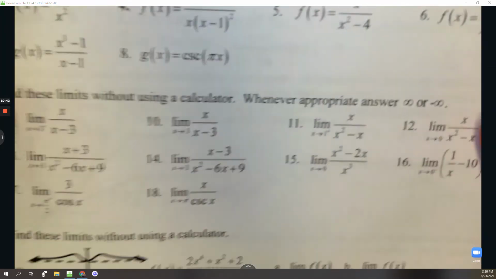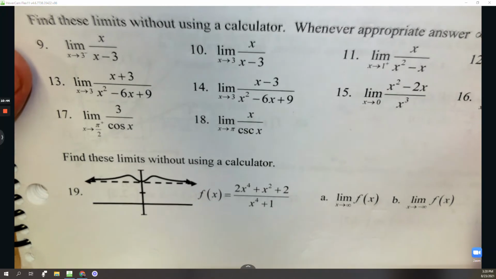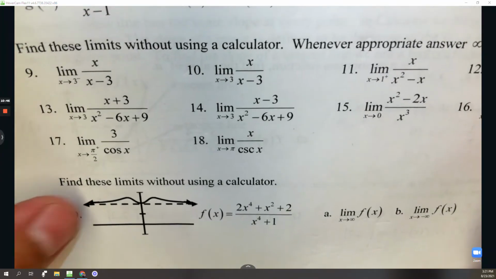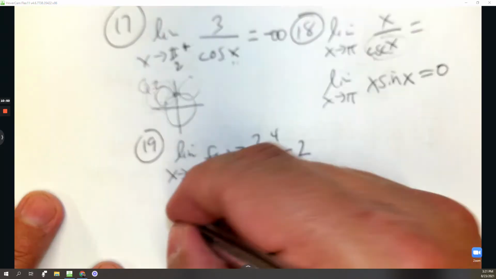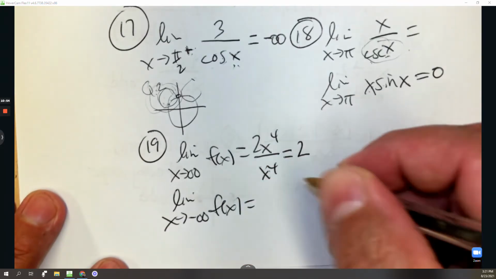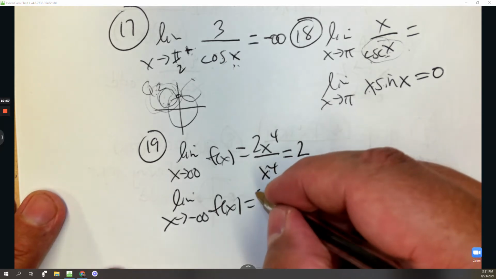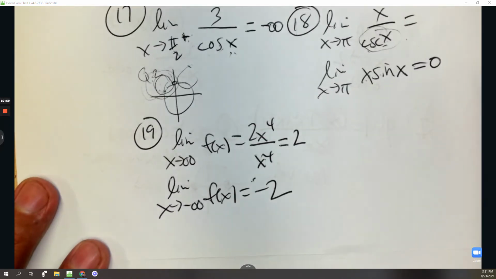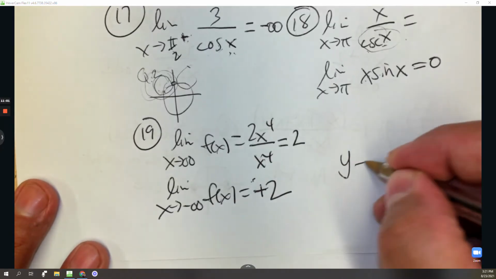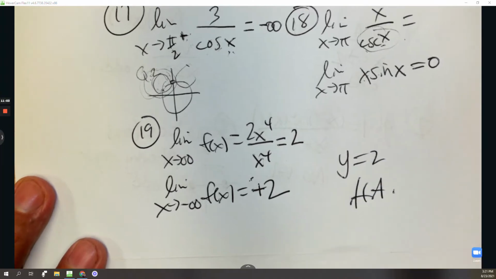So even though it wasn't labeled, when you go power divided by power, that asymptote goes through positive 2, both left and right side. That creates a horizontal asymptote. That's what it is on both sides.